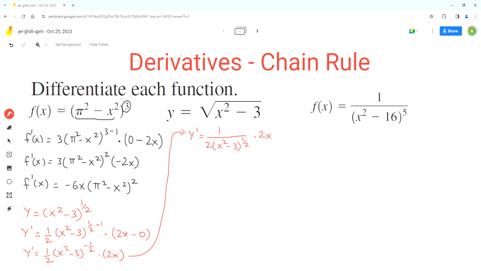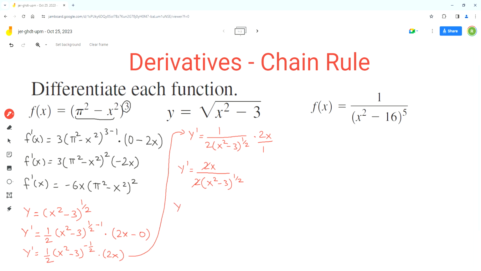Now we can multiply these terms. So the denominator of 2x is 1. So when we multiply fractions, we multiply numerator terms and denominator terms. So we get 2x over 2 and then (x squared minus 3) exponent half. Now we can cancel out the 2's.